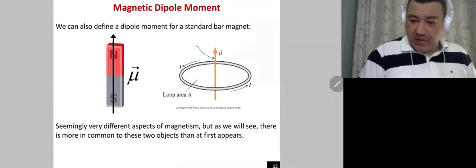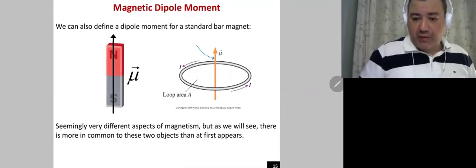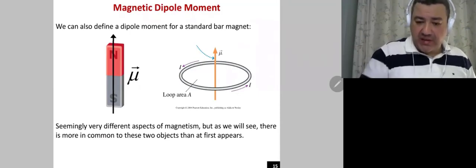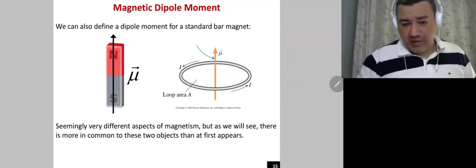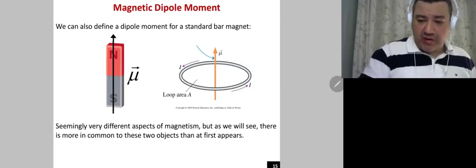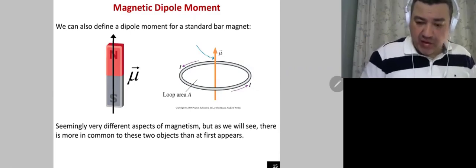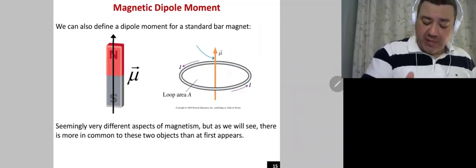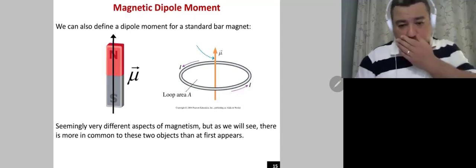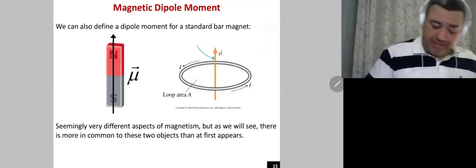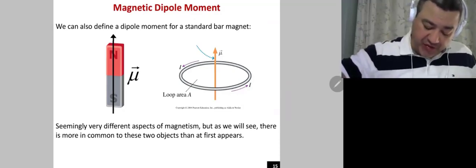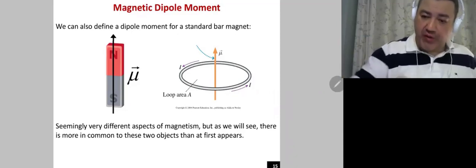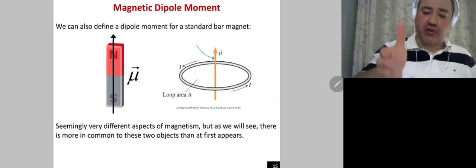So this is what I was referring to. If you look at this one single loop, and the current is going counterclockwise, you will see that this is going to result in generating a magnetic field in that loop. This magnetic field is generated due to the current going counterclockwise.